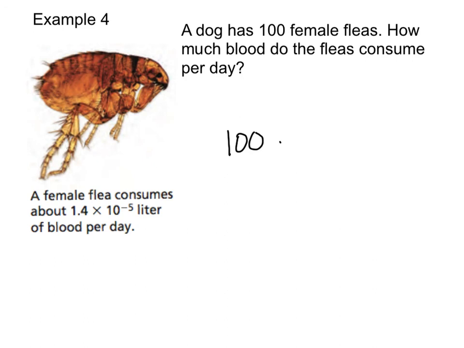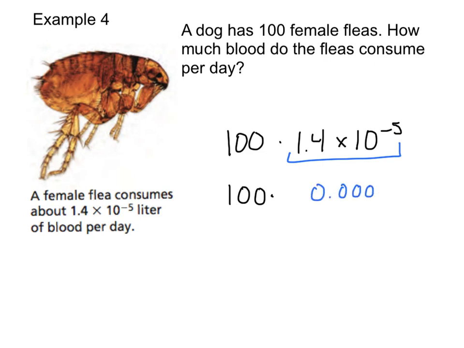You'd take 100 times 1.4 times 10 to the negative 5th power, which would be 100 times, we're going to take our decimal, move it 5 to the left, which would give us 0.000014.